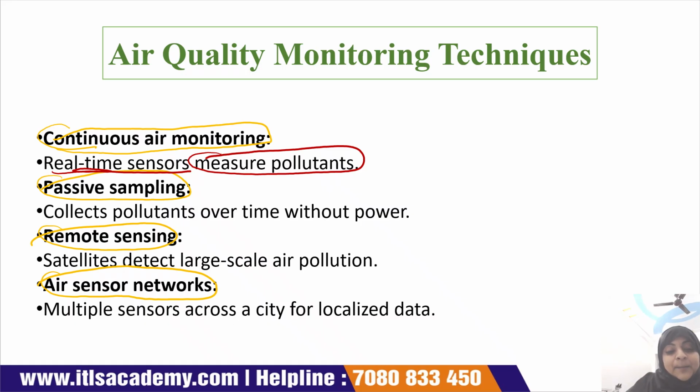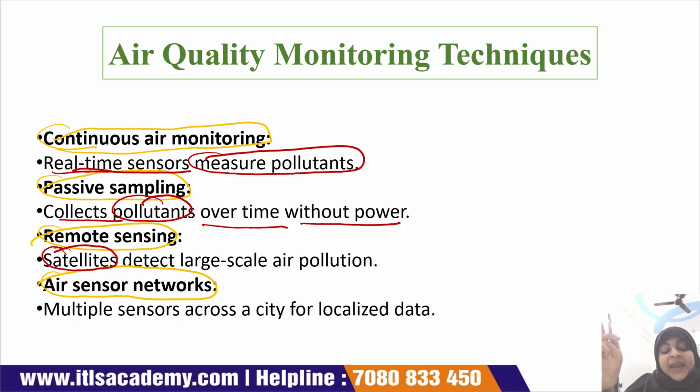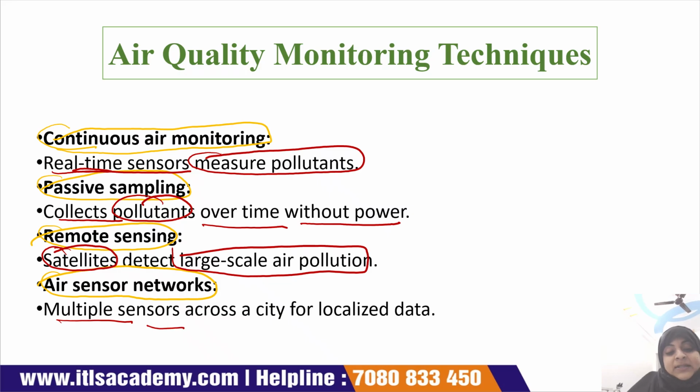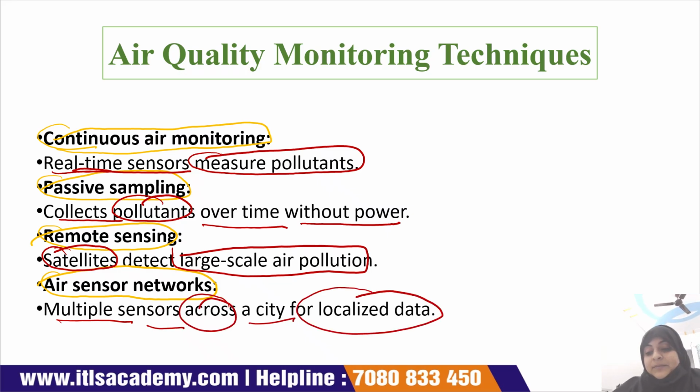Then passive sampling collects the pollutants over time without power. In remote sensing, a satellite in space is used for the detection of large scale air pollution in the environment. Air sensor networks use multiple sensors across the city for localized data.